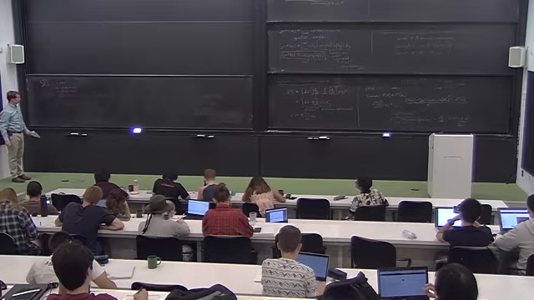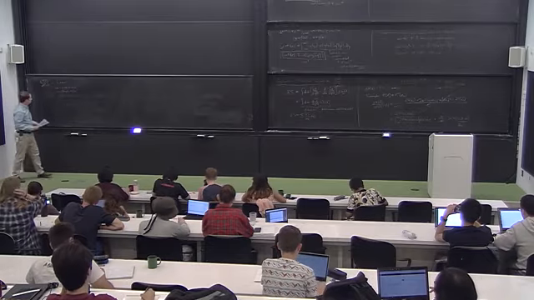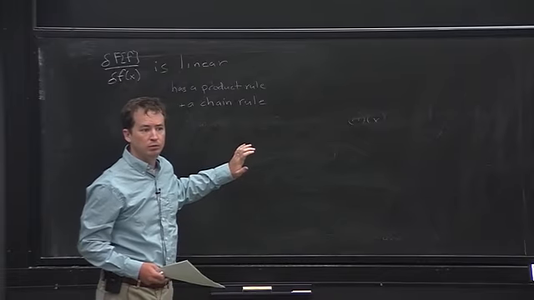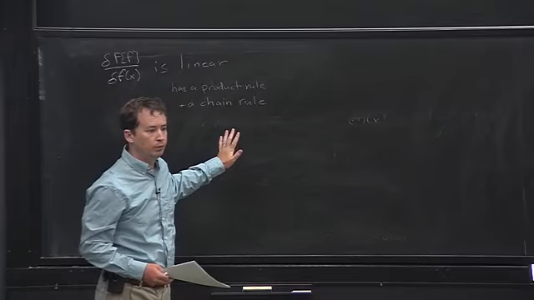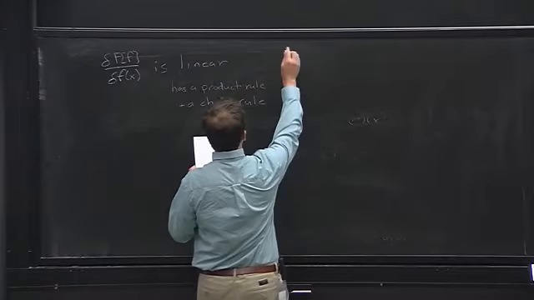Exactly like you'd expect based on the analogy with partial derivatives. So I wrote them out explicitly in the notes. Do you want me to write them on the board here? Yes, at least one person says.